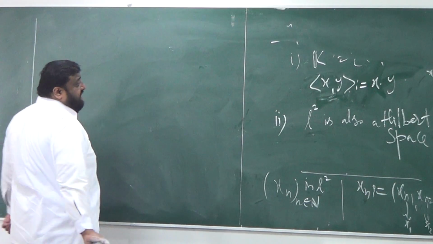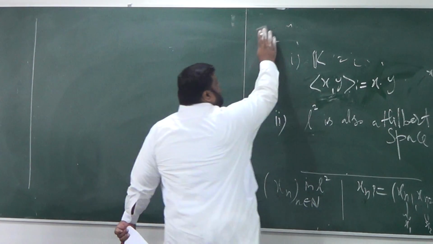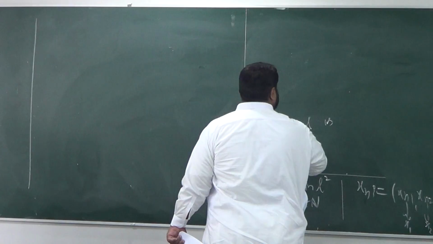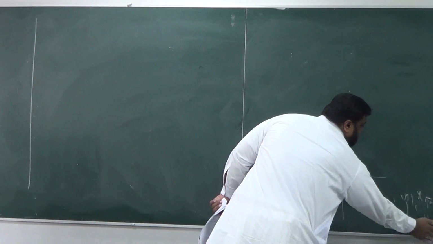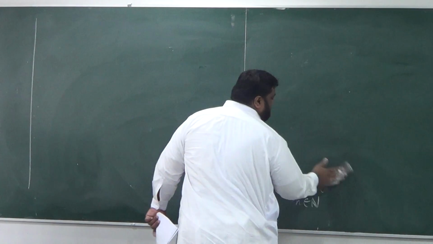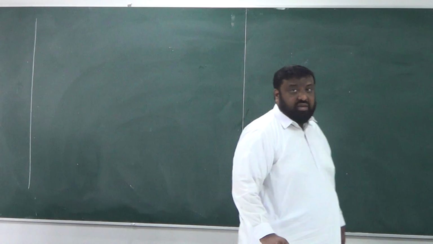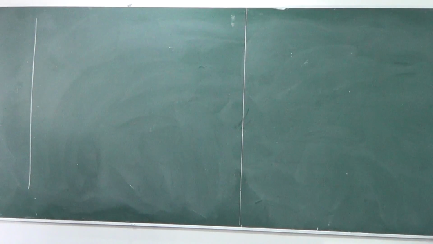And obviously, in particular, taking omega to be, say, the set of natural numbers, it follows that L infinity, the set of all bounded sequences in K, is a Banach space.